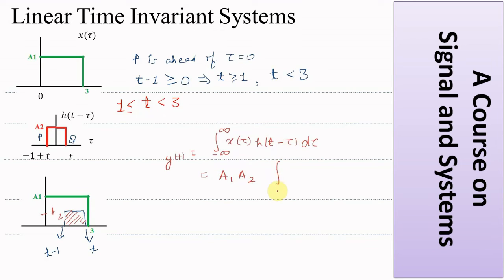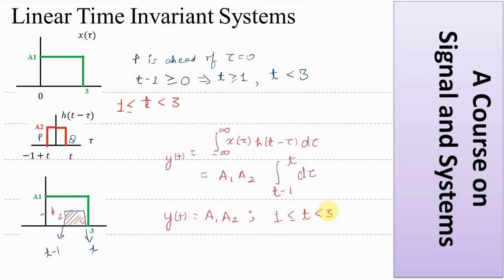And the integration can start at t minus 1 and go up to t in this range, and the variable is tau. So if I put the limits, I get y of t equal to a1 a2, a constant, for the value when t is between 1 to 3, 3 not included. It's very straightforward.